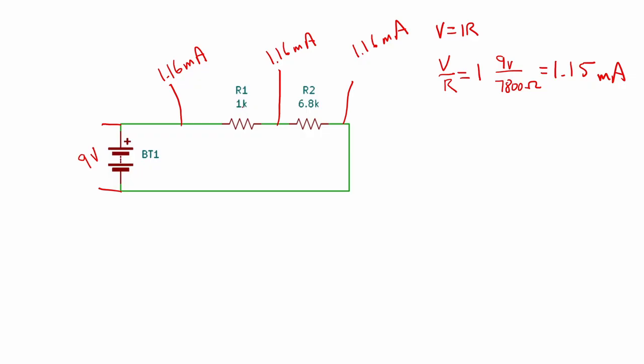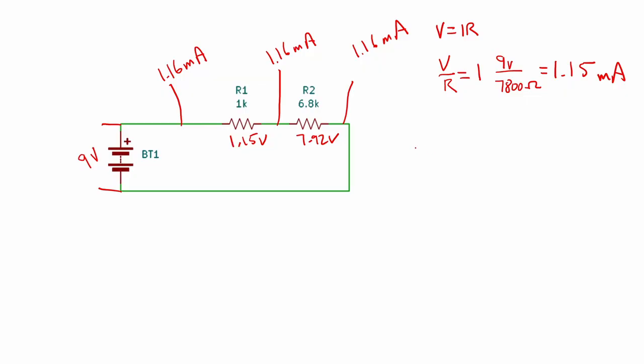Now, we also look at the voltage drop across the whole circuit. It's 9 volts, and that's what we measured, because that's what the power supply gives. But we also measured the voltage drop across these resistors. We measured this one at 1.15 volts, and this one here at 7.92 volts.